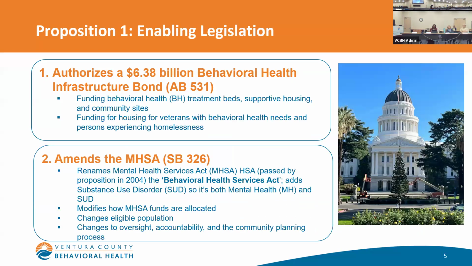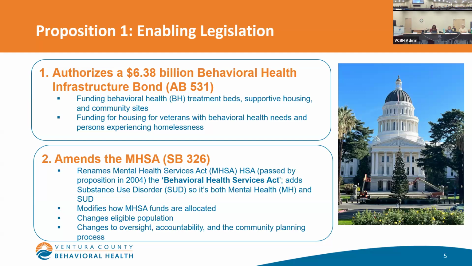So as mentioned, Proposition 1 is really two parts. The first part is AB 531, which helped to fund a bond measure, the behavioral health infrastructure bond, to support the development of treatment beds, supportive housing, and community facilities.